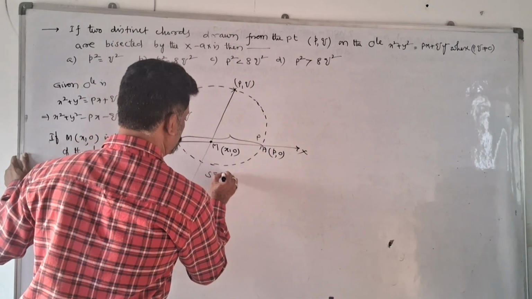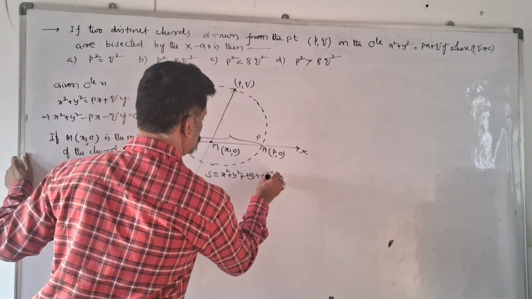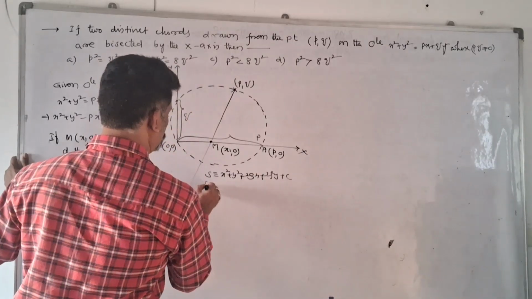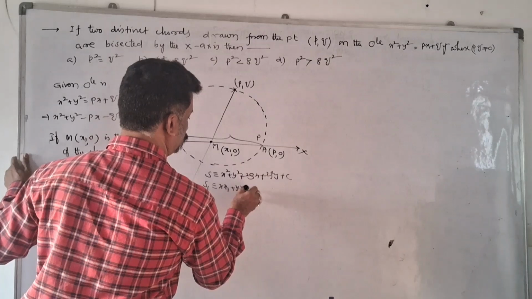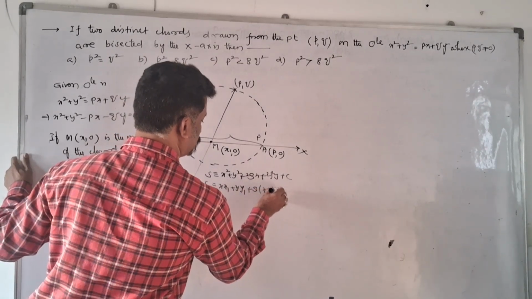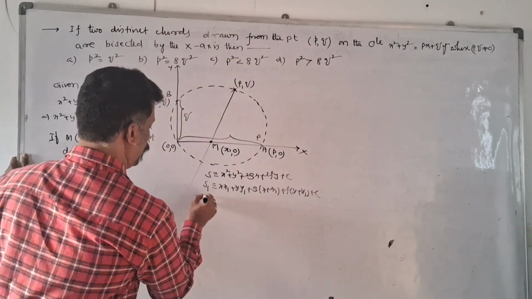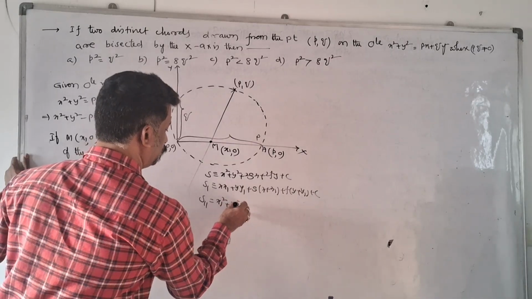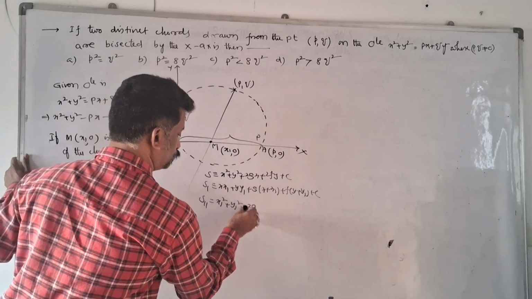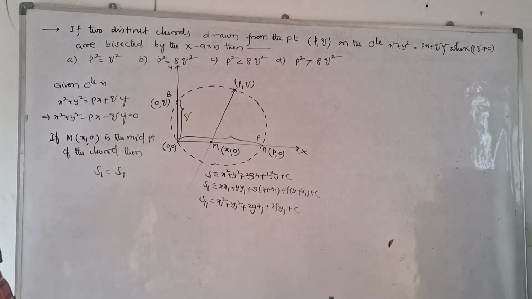If S is identical to x square plus y square plus 2gx plus 2fy plus c, then S1 is equal to x x1 plus y y1 plus g(x plus x1) plus f(y plus y1) plus c. And S11 is equal to x1 square plus y1 square plus 2gx1 plus 2fy1 plus c. These are notations.